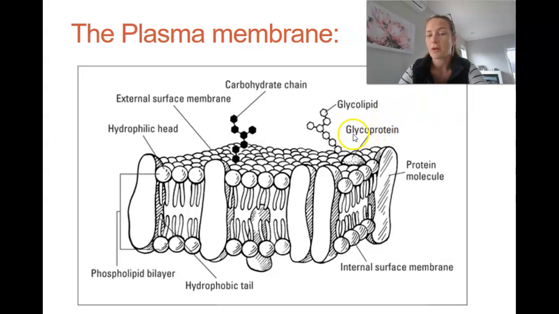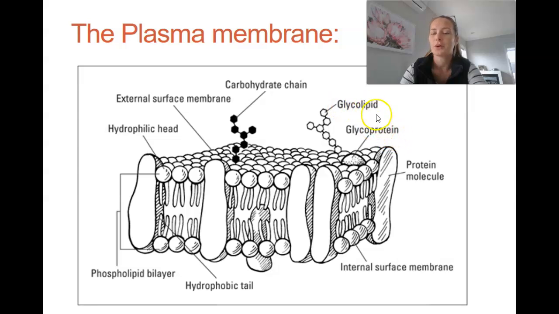We can also have glycoproteins, which is a carbohydrate chain attached to a membrane integral protein, a protein that's sitting within the phospholipids of the membrane. So they're usually just one that you would have to recognize the shape of and be able to name.